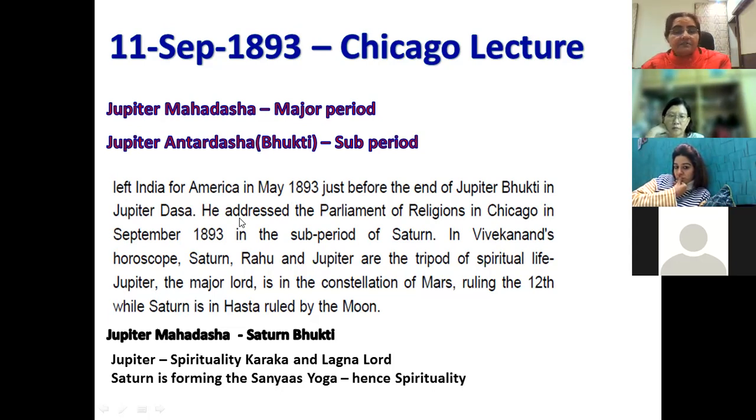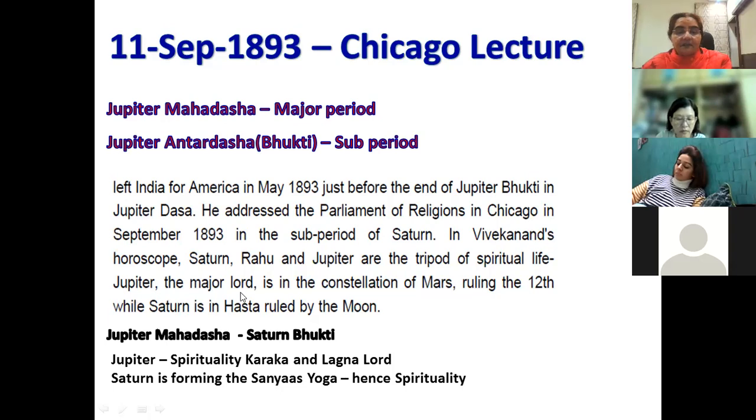He addressed the Parliament of Religions in Chicago in September 1893 in the sub-period of Saturn. In Vivekananda's horoscope, Saturn, Rahu, Jupiter are the tripod of spiritual life.